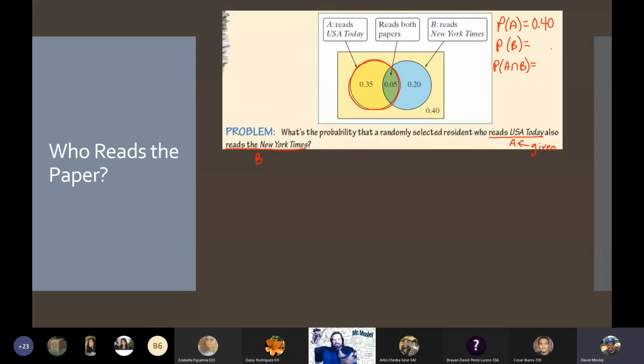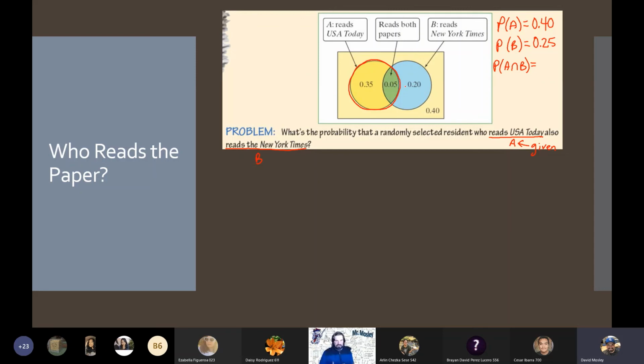I'm doing this example specifically for this reason, so that you can see in the Venn diagram, you need to sometimes add stuff up to get the right proportions. Probability of B would then be 0.25. These are not mutually exclusive events.